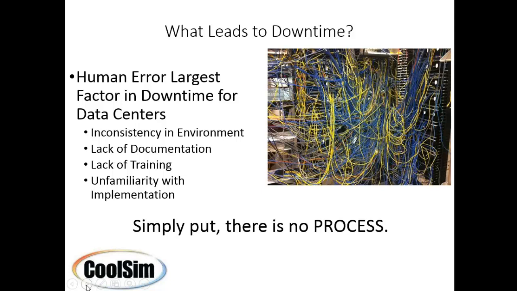Well, it could be an inconsistency in the environment. Customer A may do something one way and customer B does it a different way, and you could have 30 different customers and not a single thing that's common between all of them. Lack of documentation certainly is a major factor in that. Lack of training, and just an unfamiliarity with the implementation. So simply put, there's really no overall overarching process in a lot of places that says this is how we are going to operate, this is how we are going to do things.